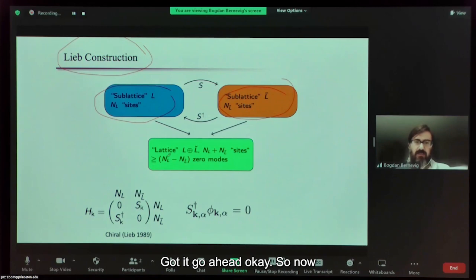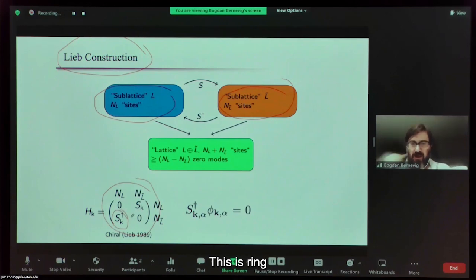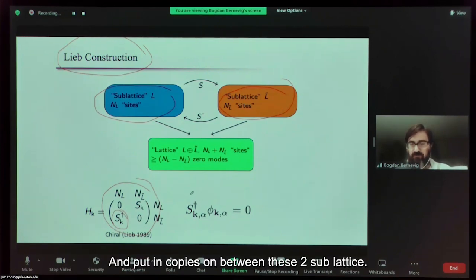Then it creates this Hamiltonian, and this S matrix has a different number of columns than number of rows. Because it has a different number of columns than rows, if I try to find its eigenvalue, so here the number of rows is L tilde, the smaller sublattice.